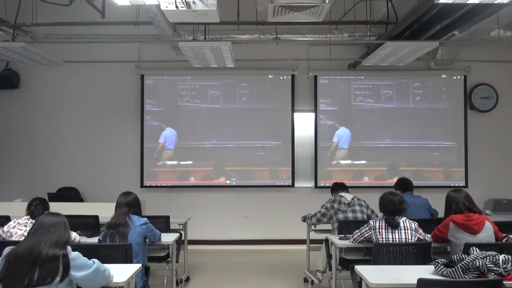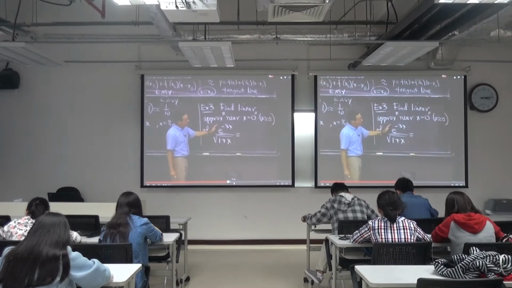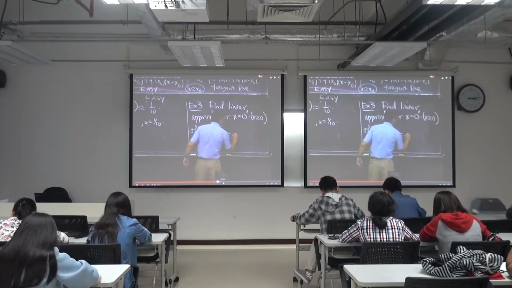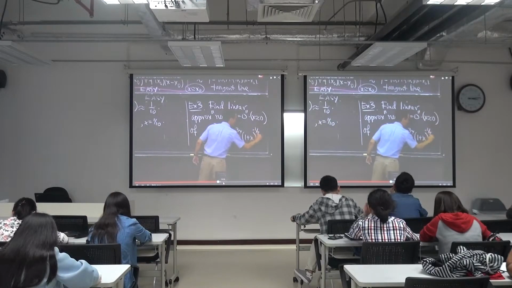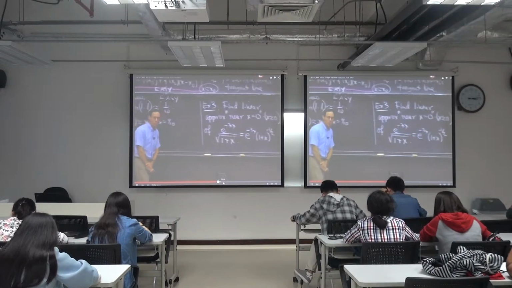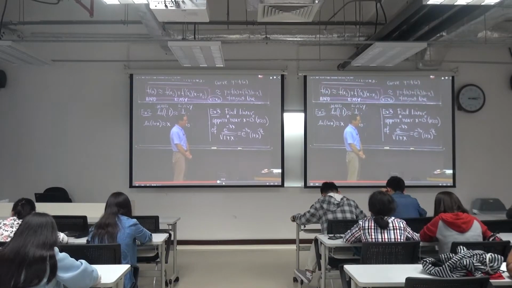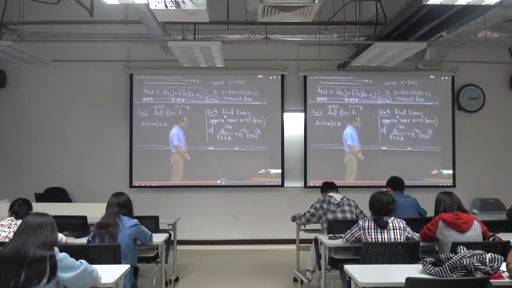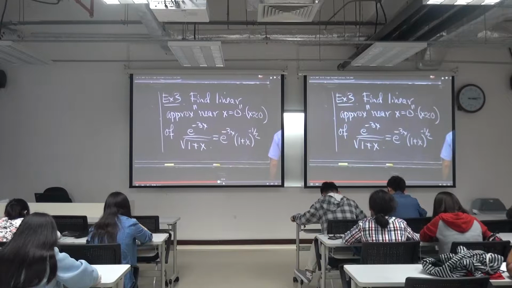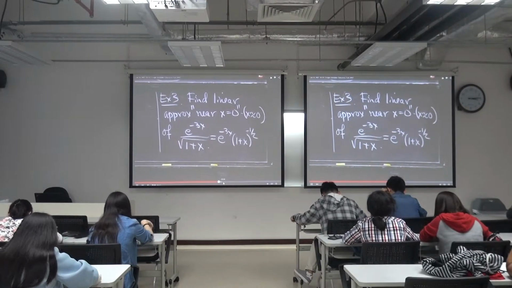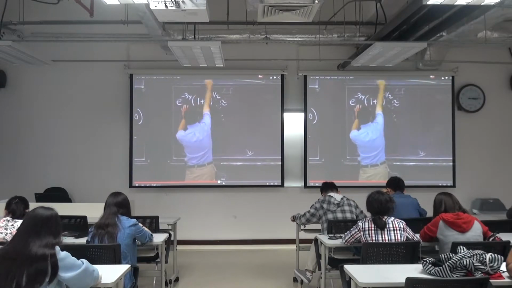So first of all, I'm going to write this so that it's slightly more suggestive. Namely, I'm going to write it as a product. And there you can now see the exponent. In this case, r equals minus a half that we're going to use. Okay? So now I have e to the minus 3x, 1 plus x to the minus a half, and that's going to be approximately, well, I'm going to use this formula.